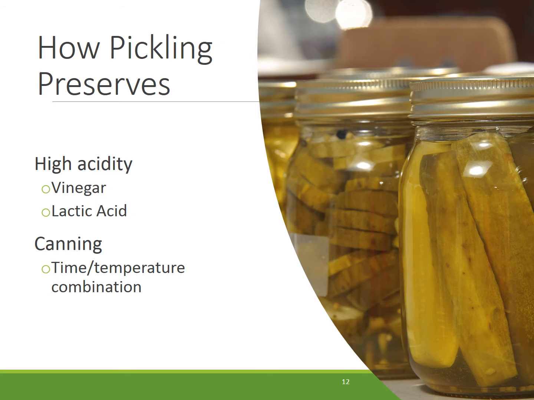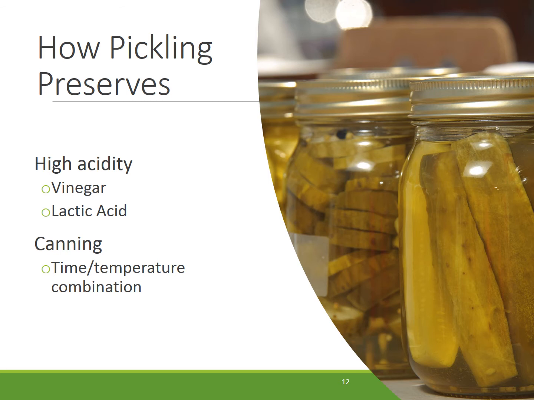Most foods that are pickled, including cucumbers, are naturally higher than the pH of 4.6, so we acidify them by adding vinegar. Another method of acidifying foods is fermentation, where lactic acid bacteria consume sugar and produce acid. When using either method, the pH drops below 4.6, preventing this bacterial growth that we are concerned about.